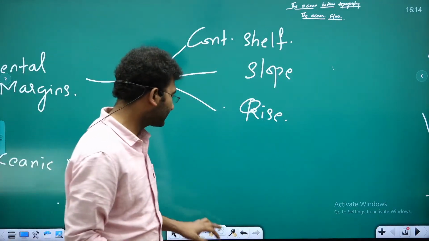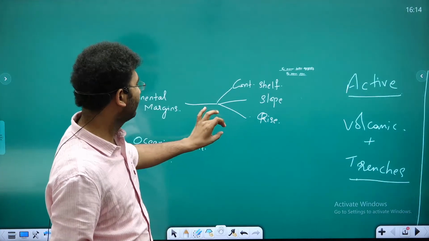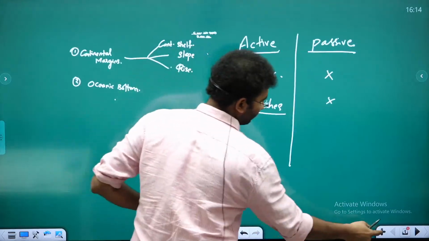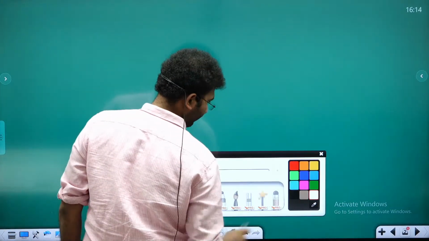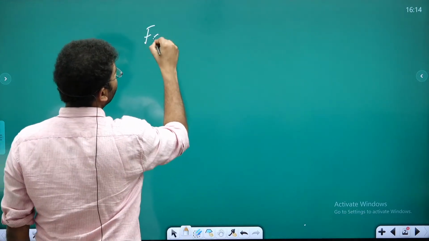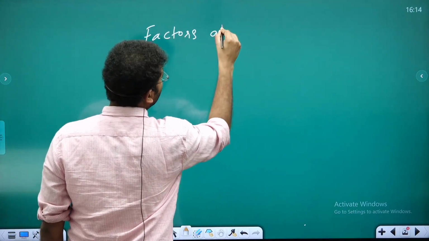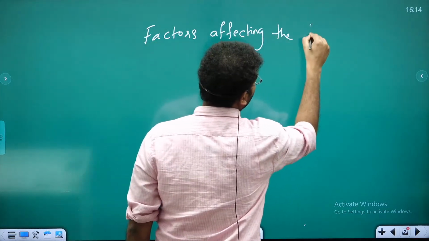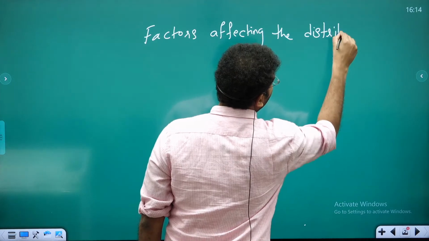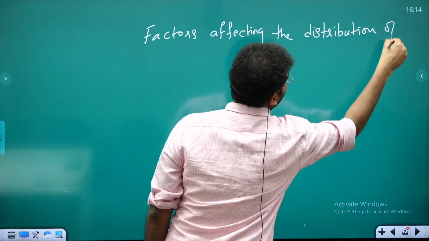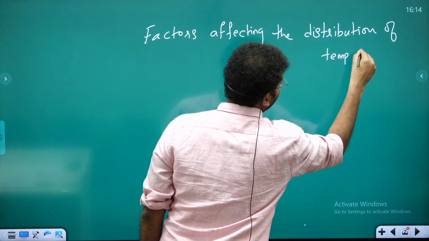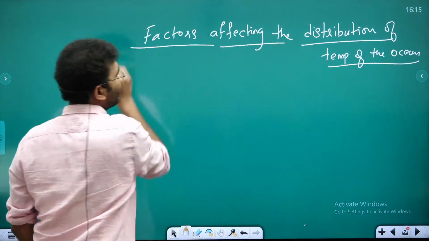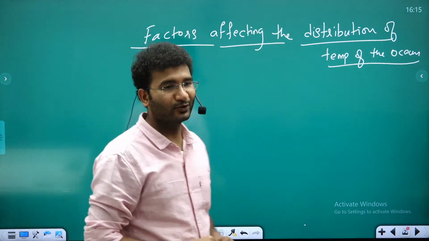We'll now try to understand what the factors affecting the distribution of temperature of the oceans are.